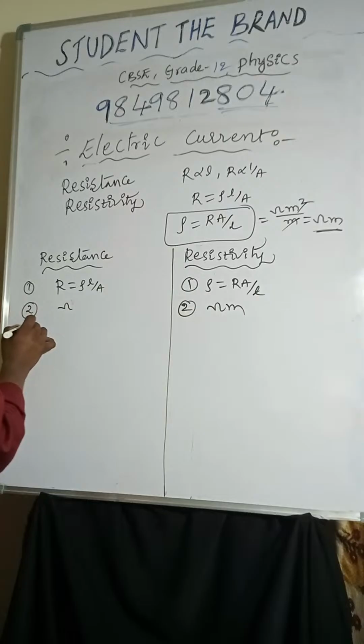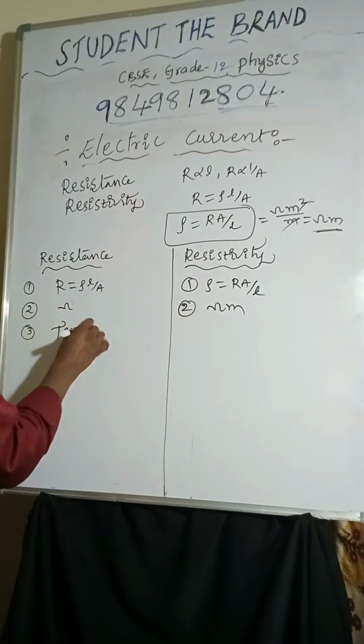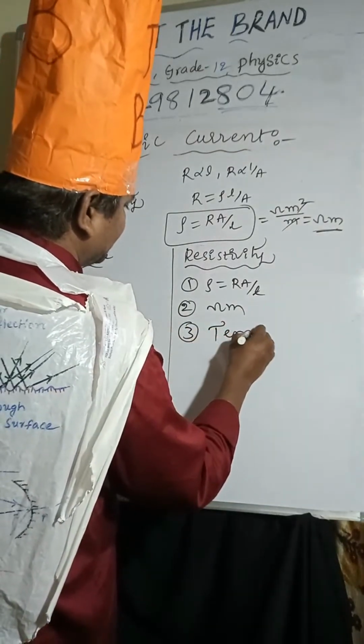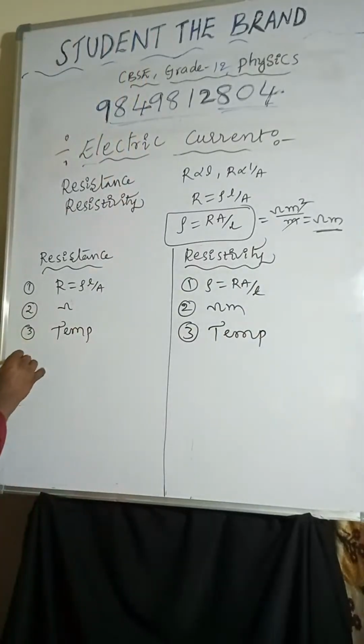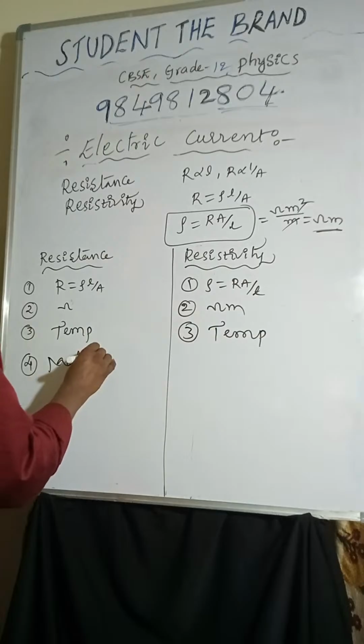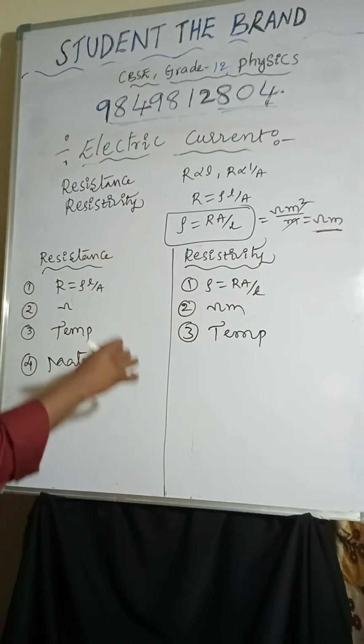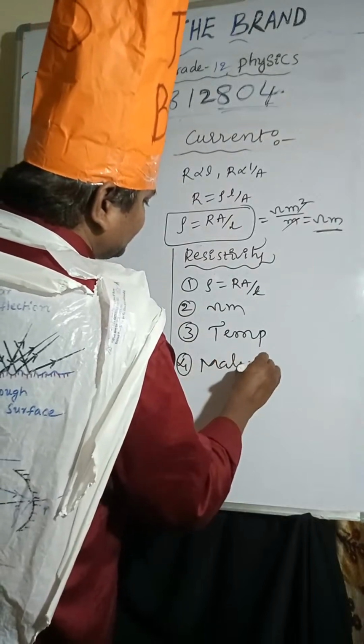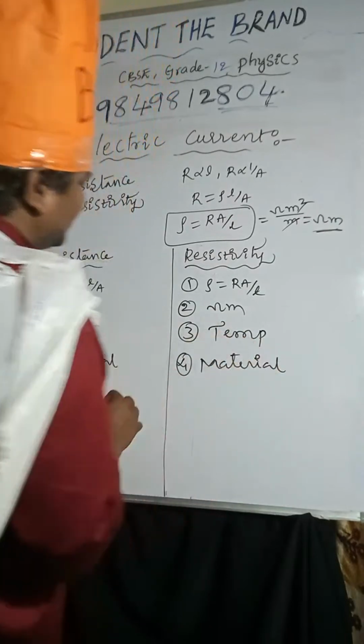Now third one. Resistance depends on temperature, and resistivity also depends on temperature. Resistance depends on the material of the conductor, and resistivity also depends on the material of the conductor.